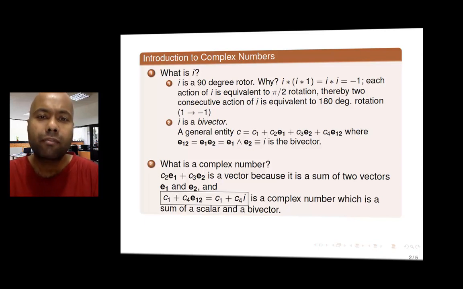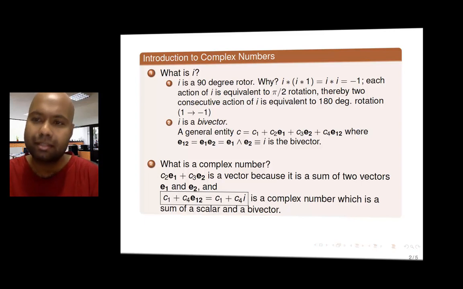Well, from high school, I suppose you recall that iota is square root of -1. But the important question here is, what is the meaning of square root of -1?